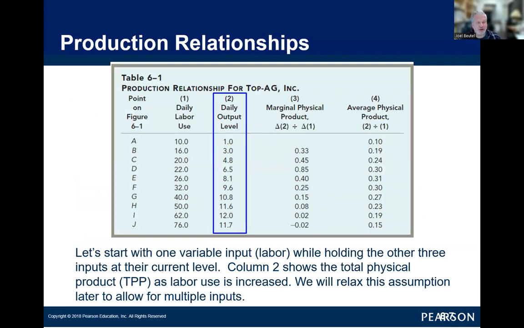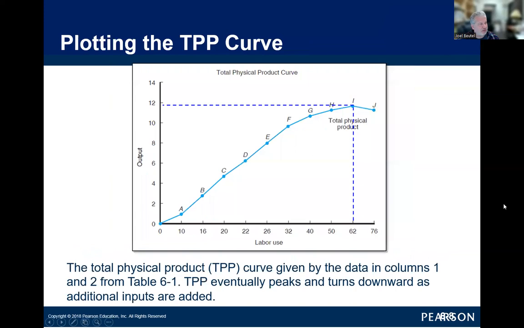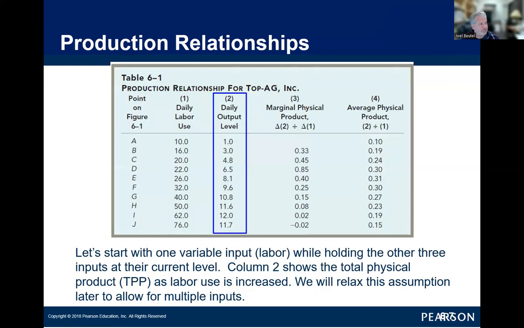So here's a hypothetical production relationship for Top AG Incorporated. And so we're going to plot these points on a graph in the next picture. So you can see we're just plotting points A through J. And what we've got on these columns, column 1 is just our daily labor use.